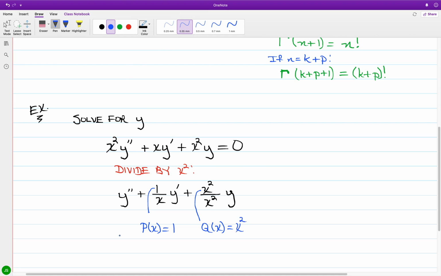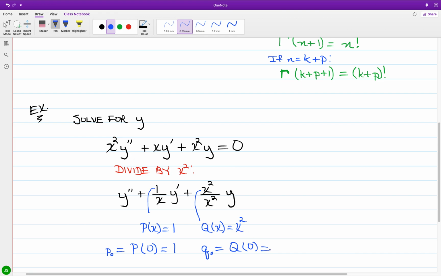And for what we have in the development, for the p naught, you have your p naught is going to be equal to p of 0. But notice we have p of x is equal to 1, so p naught is going to be locked in at 1. Now in the case of q naught, you have q naught is equal to q of 0.